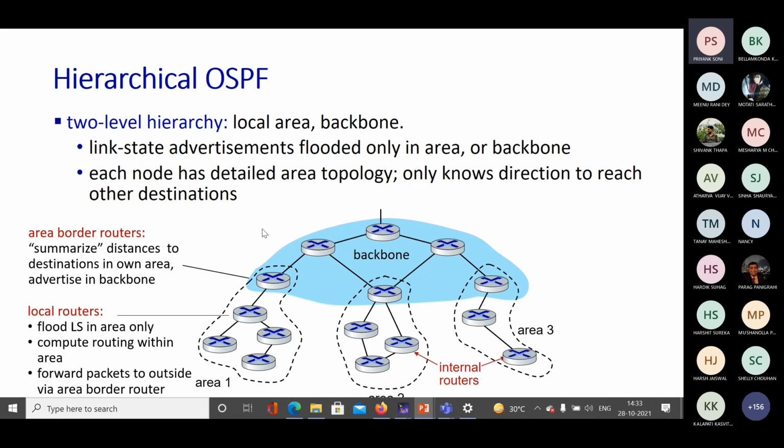Now within area 1, we have local routers. They flood the link state information within their area only. They compute routing within a given area and they forward packets to outside areas via the area border router. So this is the area border router.